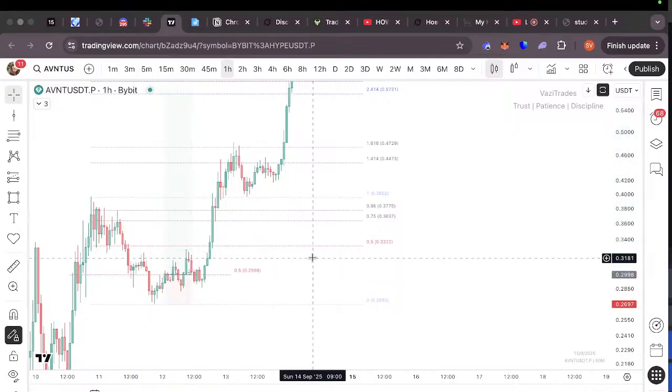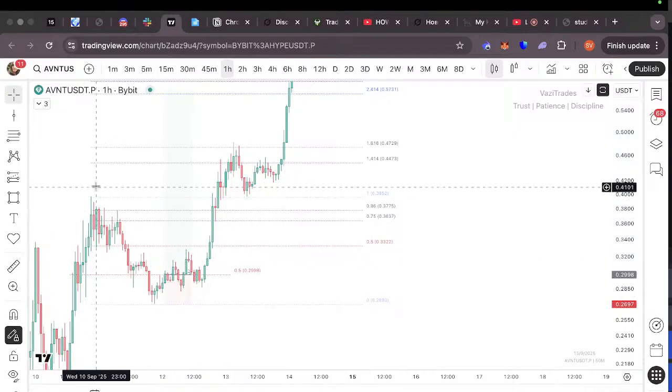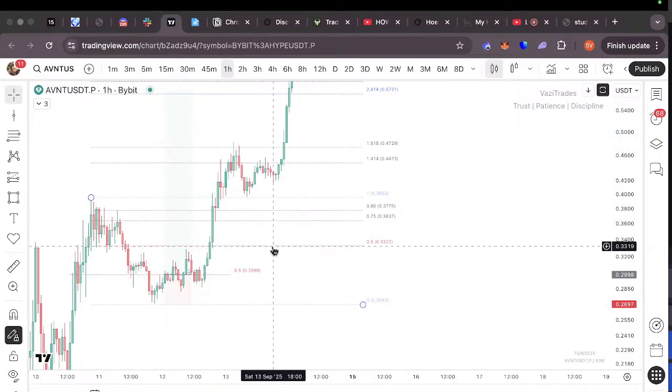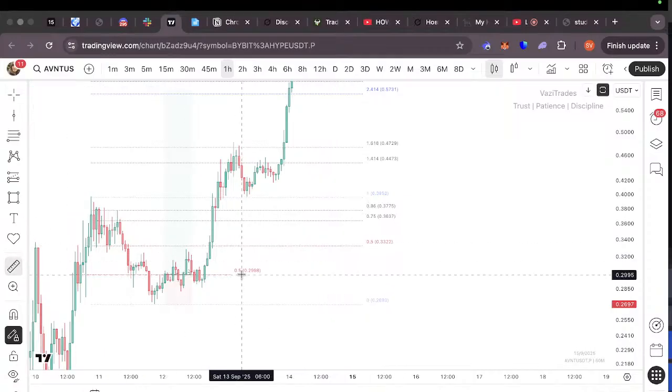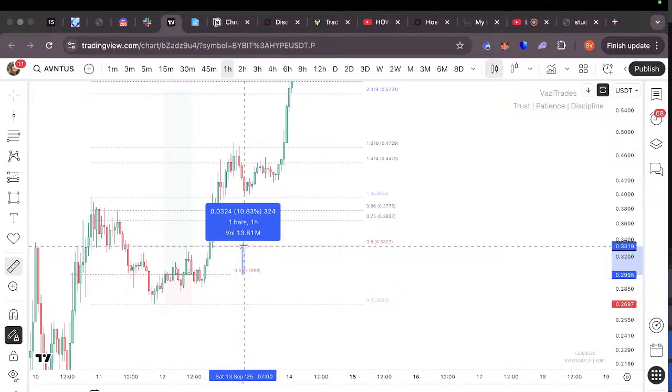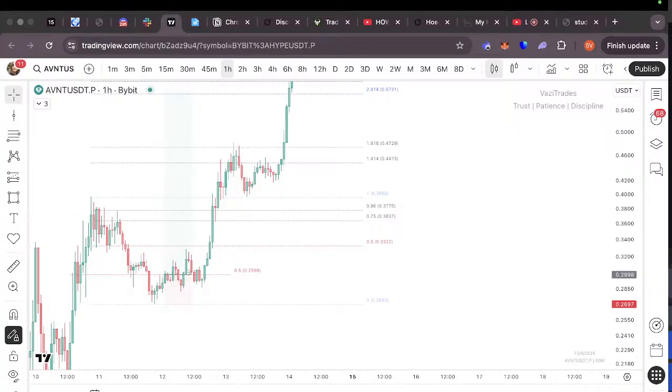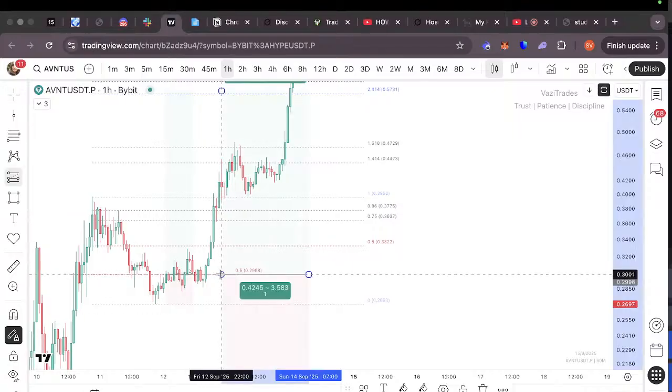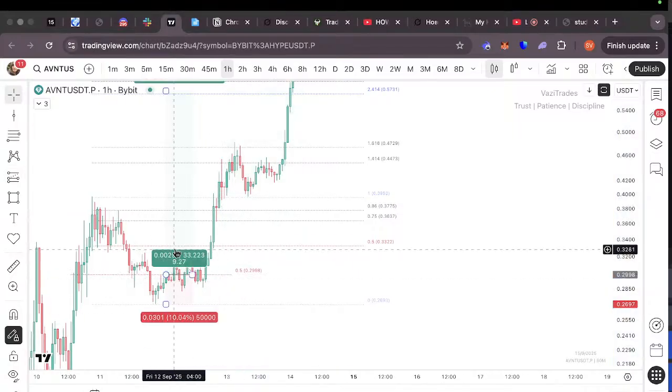And according to this Fibonacci, I would put my first take profit around 0.5, which would be 10% of the move. So in this case, you have a 1 RR trade setup, right?